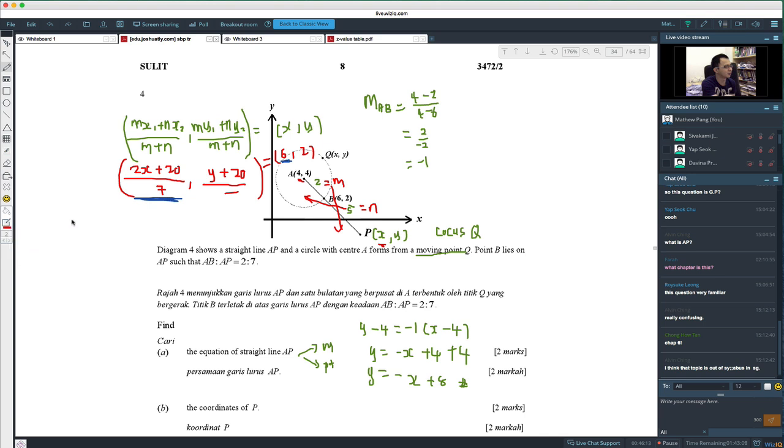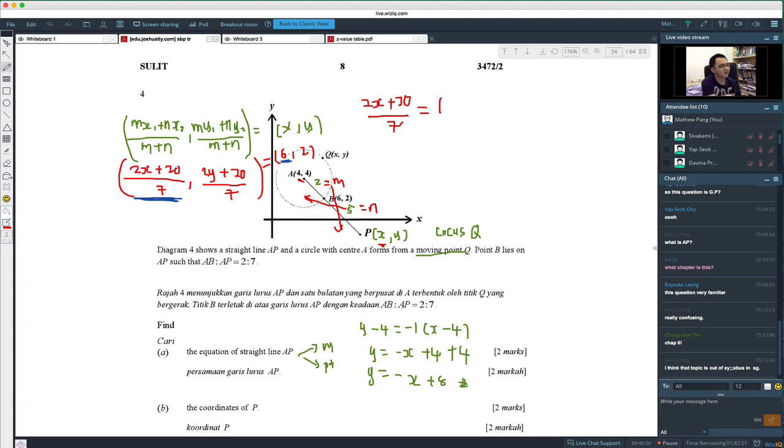This is 7. I need more space, so I erase this one. So I will say 2x plus 20 over 7 will equal 6 because of the coordinate 6 here.